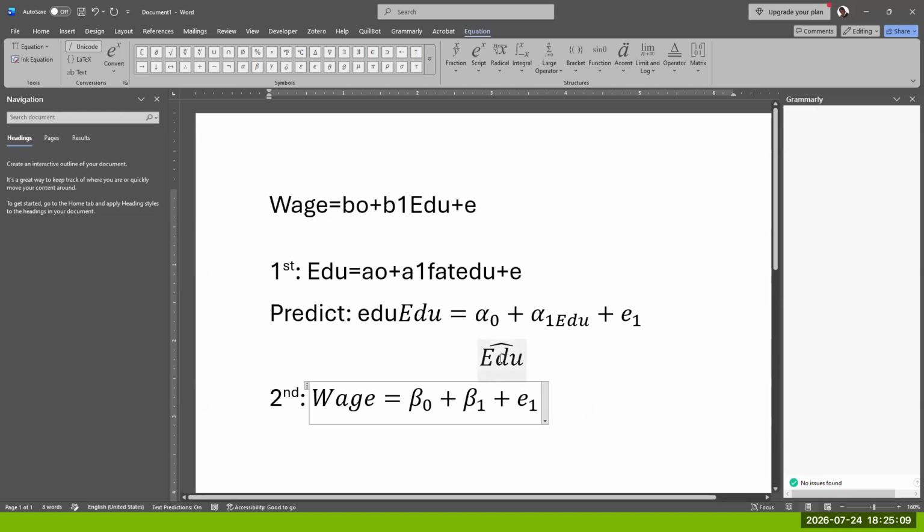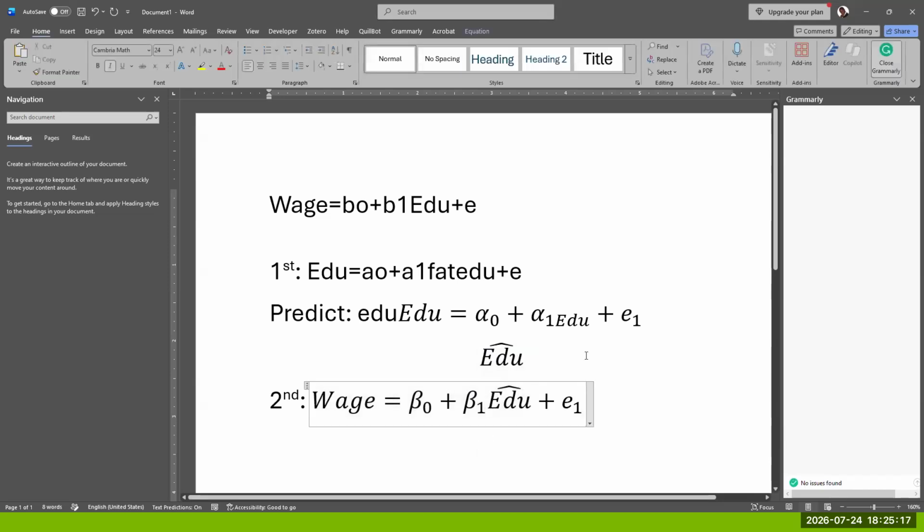And then here, this is what you need. So can you spot the difference? Initially, we wanted to know the effect of just education on wage. Now we've gone through the first stage where we have made the father's education influence the education first. We have now replaced this education in the model with the education hat.